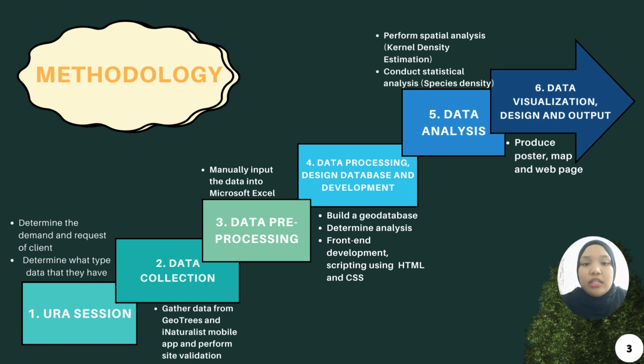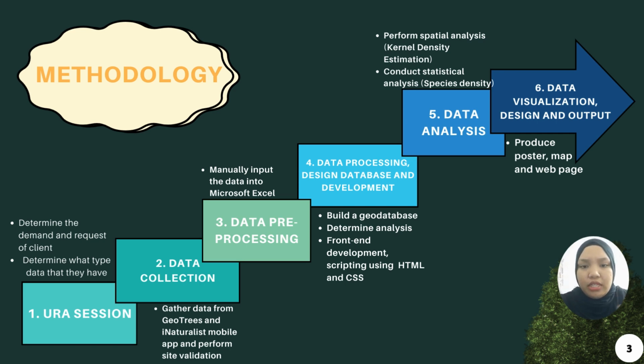After we gathered all the information on flora and fauna through iNaturalist and GeoTrace, we manually input it in Microsoft Excel. We separate the data into the specific species, which is flora and fauna, and sort the data into specific fields: common name, scientific name, species name, and the latitude and longitude of each flora and fauna.